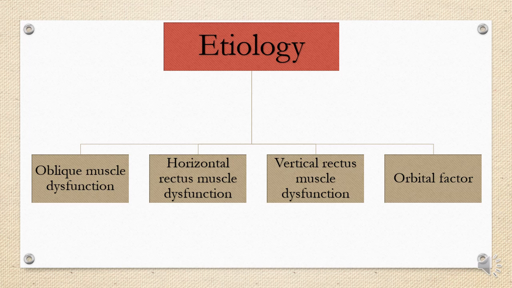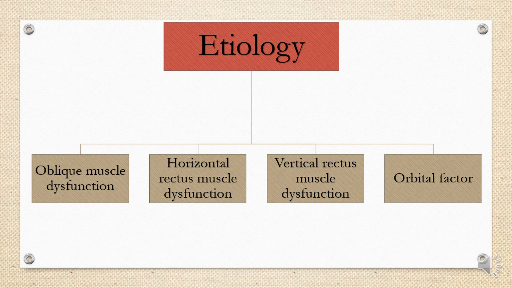In horizontal rectus muscle dysfunction, A esotropia is generally because of an underacting lateral rectus. A exotropia is basically because of underacting medial recti.